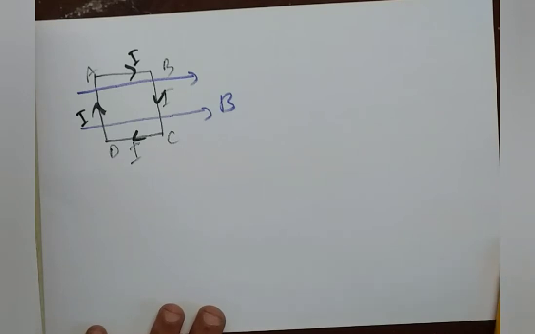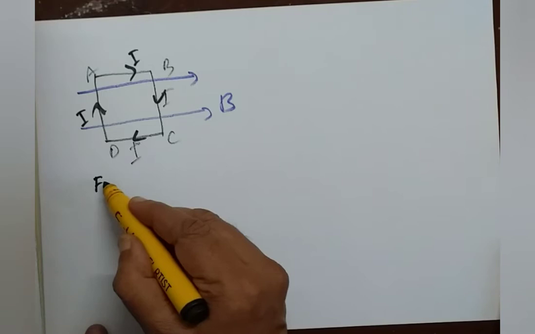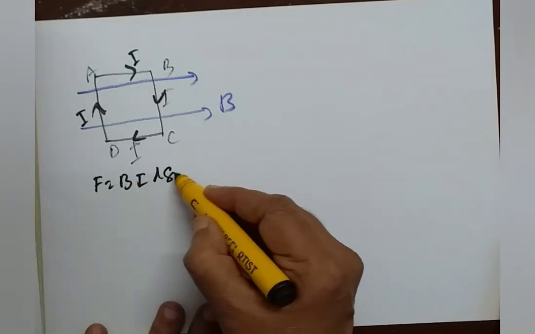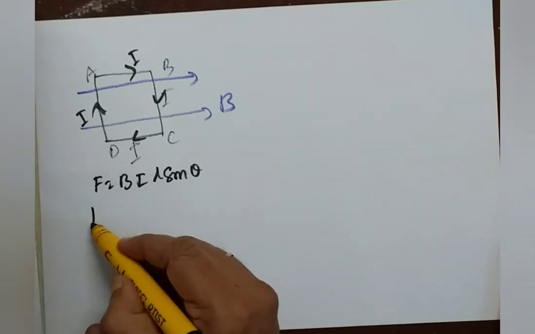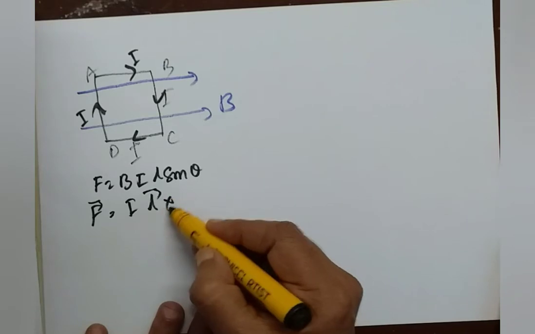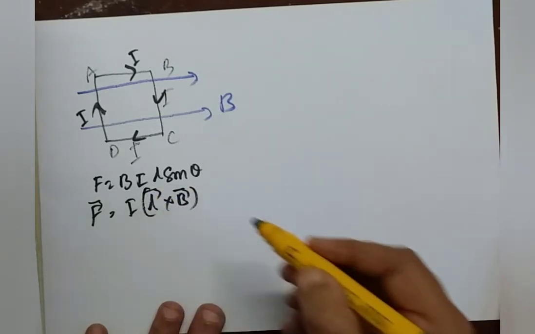So we know the force on a current carrying conductor is F equals BIL sin theta magnitude wise, or in the vector form, I L cross B is the formula.